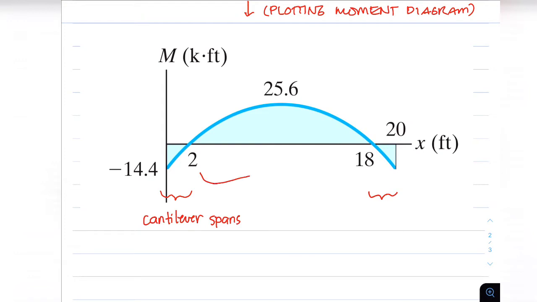Then, at 2 feet from the supports, we have 0 moment. And the midspan of our simply supported girder, or the simply supported portion, will give us 25.6 kip-feet. So this is now the moment diagram of our whole girder.